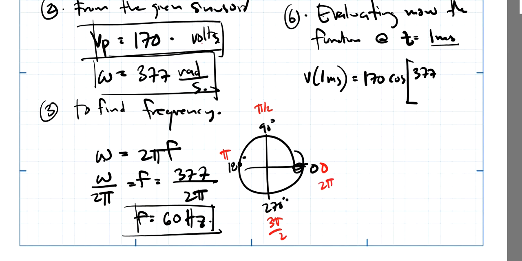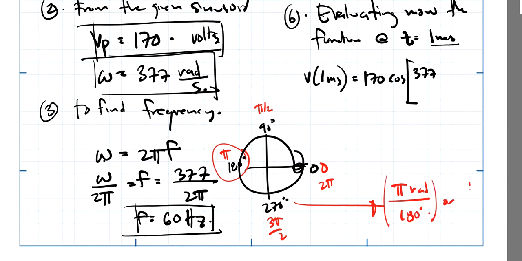So therefore, we can write our conversion as: 1 pi radians is just equal to 180 degrees, or you can write 180 degrees in 1 pi radians.